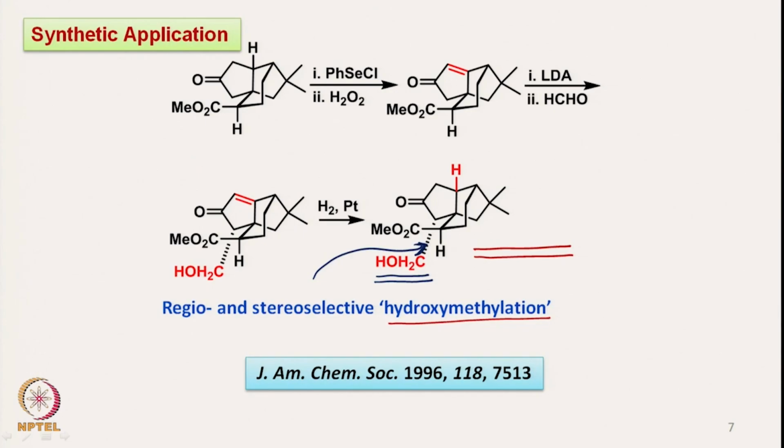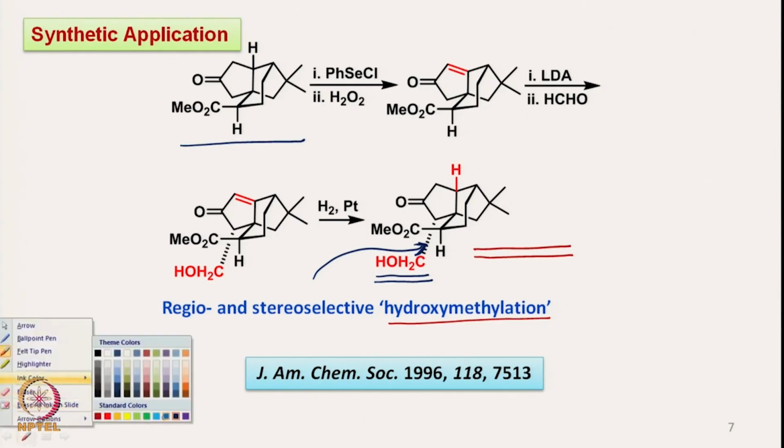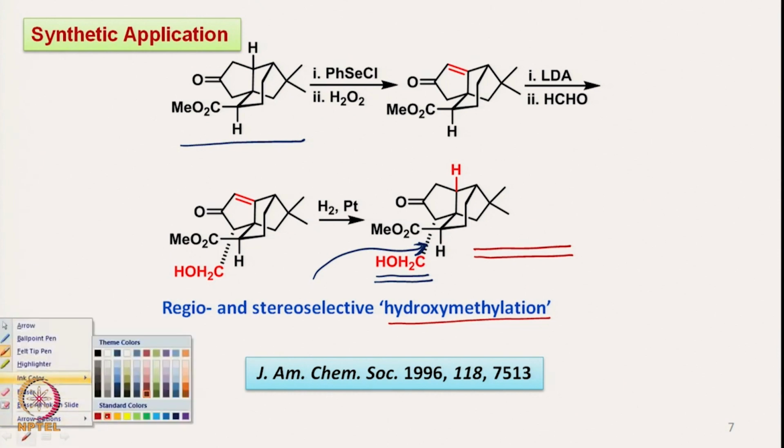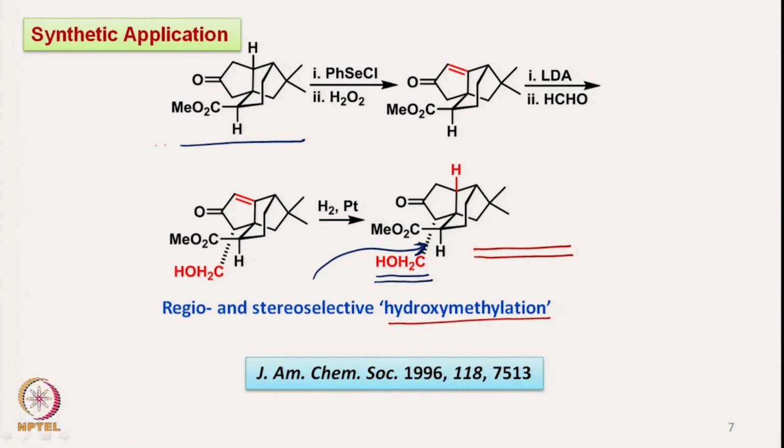Now if one starts with this particular tricyclic ketone, one can easily see that if one wants to introduce a hydroxymethyl group at this particular carbon atom, at this carbon atom here, then one also has to see that this carbon, which is alpha to the carbonyl group, is also available for functionalization.